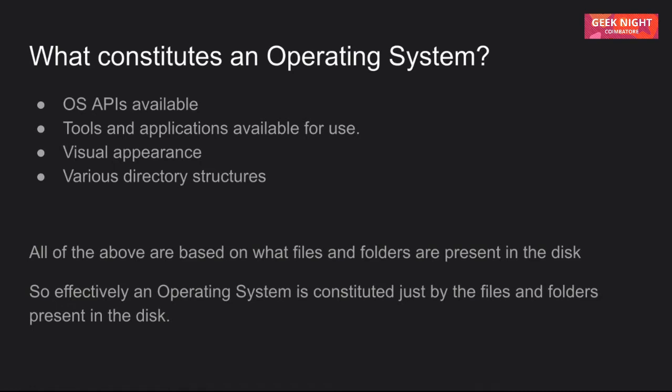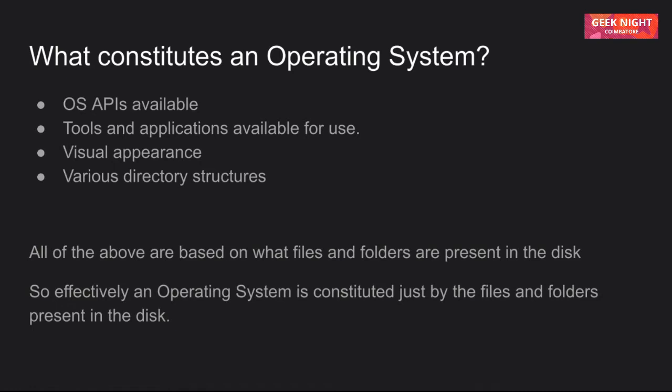So effectively, what an operating system is, is basically defined by the entire contents on the disk. Or if we look at it really flat and simple, all the data is getting stored in the hard disk only. So what data gets stored in the hard disk, how it gets stored, in what format it's stored, are all the things that really make an operating system.